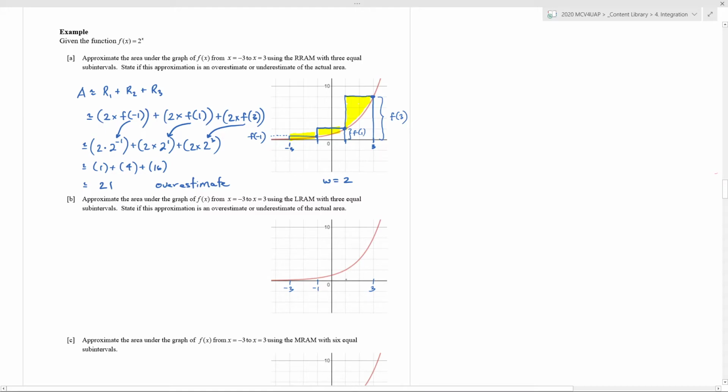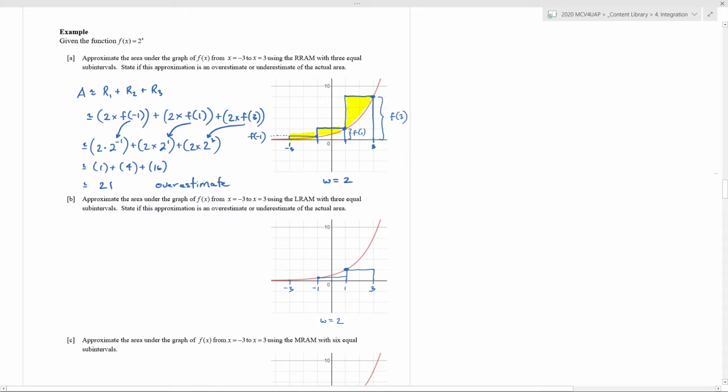The width of each rectangle is 2, except now the height is formed by the left top corner of each rectangle. So like so, like this, and the first one is very difficult to draw, but like that.